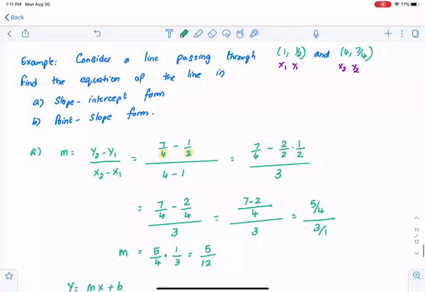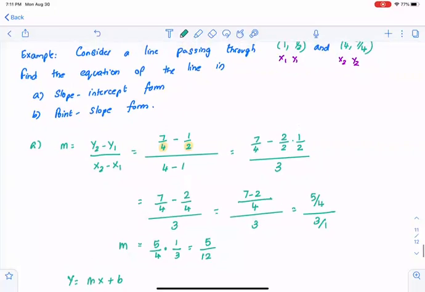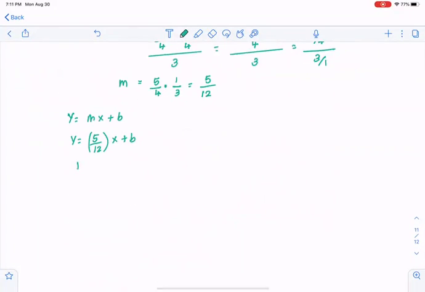So y is 1 over 2 when x is 1. This would mean 1/2 is equal to 5 over 12 plus b, which would also mean 1/2 minus 5 over 12 is equal to b.